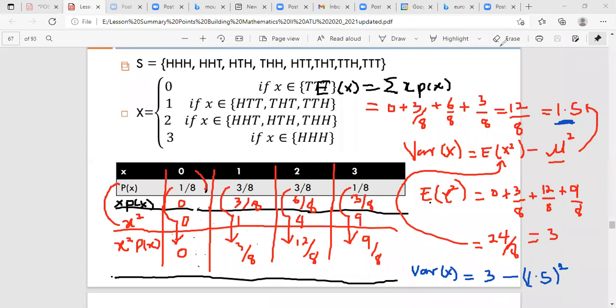Take your time and look at the p of x. Probability of x will be what? This is the probability. So it's 3 over 8 rather. So it should be 12 over 8. Okay. Are you okay now? Yes, please.